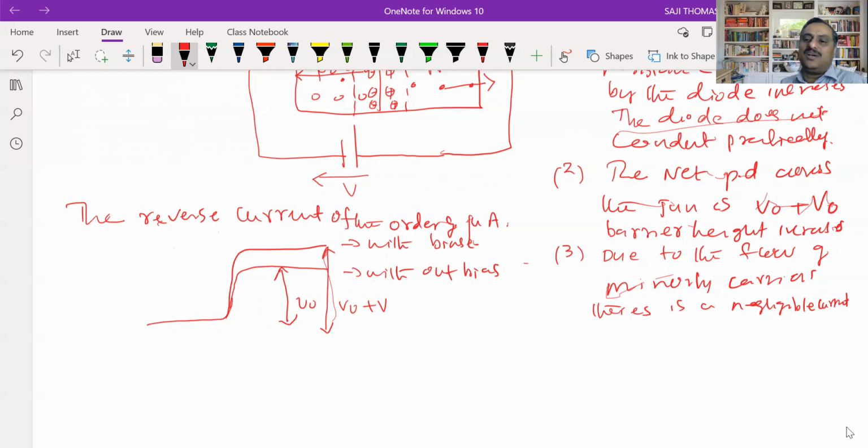This current is known as reverse current. During reverse bias, the width of the depletion layer increases and barrier height increases. Applied potential aids the junction potential. Net potential at the junction is V0 plus V. What is V? V is the applied potential difference. This is about reverse bias.